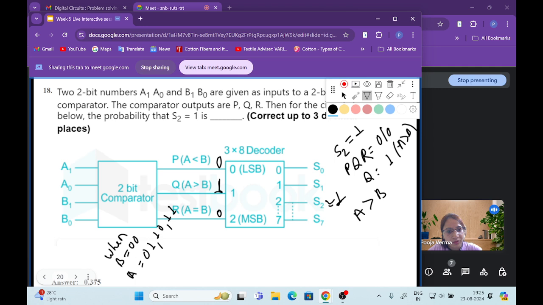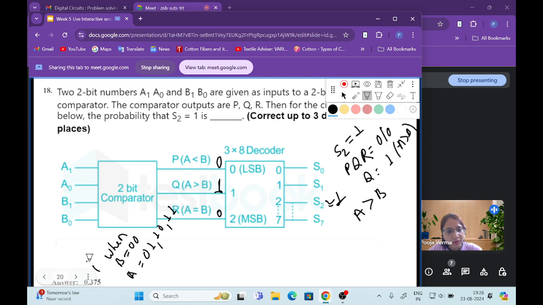A means A1, A0, okay. So first case is when B will be 0, 0 and A will be greater. Here A is greater, right? 0, 1, 1, 0, 1, 1. All three combinations are greater than B 0, 0, right? So these are the combinations where A is greater than B.